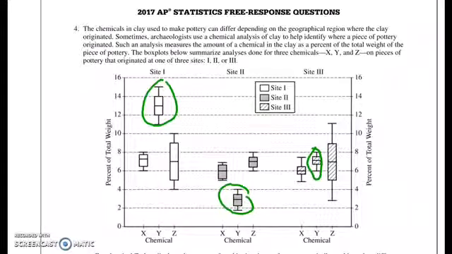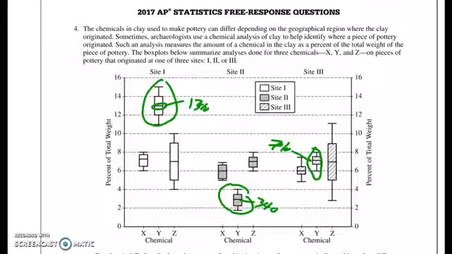And what's also important is that if we look at the medians of chemical Y, we have one at about 3%, this one's at about 7%, and for site 1, it's around 13%. And just looking at the box plots in general, there's very little intersection between the three.